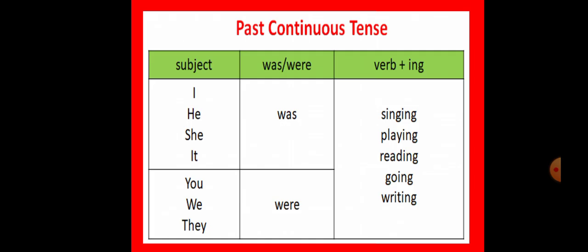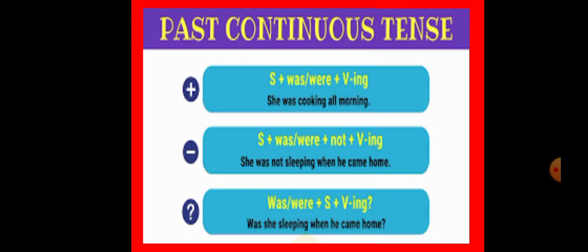Yes. When the subject is I, he, she, it, we should use was. I was singing. She was singing. Then when the subject is you, we, they, that is plural, when the subject is plural, we should use were. Okay. We were singing. They were reading. Yes. When the sentence is positive, the formation will be subject plus was or were plus verb plus ing.